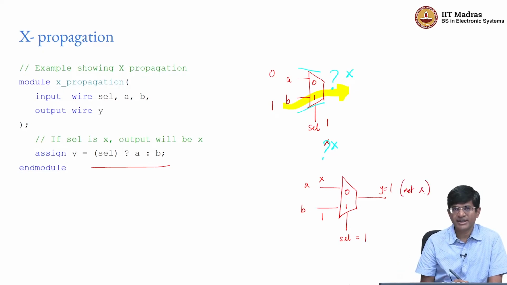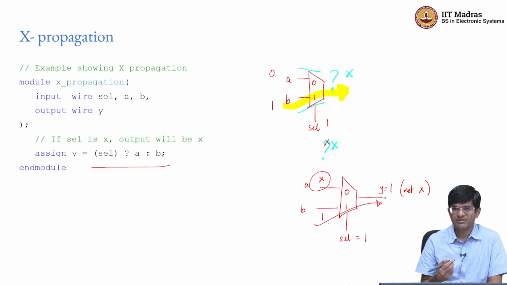It's not X in this case, and the reason it's not X is because I know that the path being followed is this one. I don't care that this part over here is unknown. This effectively overrides the unknown value that I see over there and comes out cleanly saying that this should be the value that I see at the output.